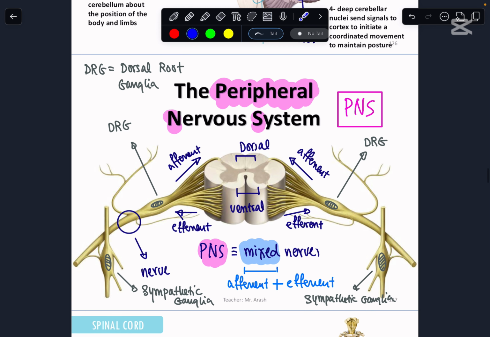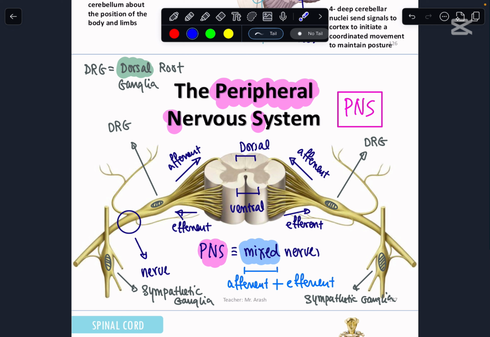And the fact that we call them dorsal is because these ganglia belong to the afferent neurons or sensory neurons, which take signals to the dorsal part of the spinal cord. Okay, so dorsal in the back, afferent, dorsal. And remember, your afferent are your sensory neurons.